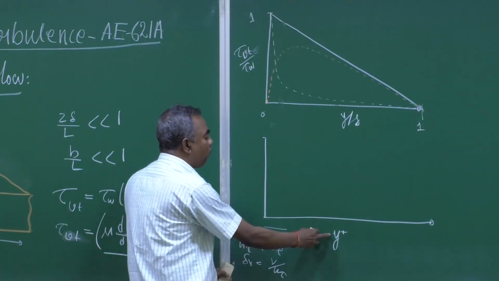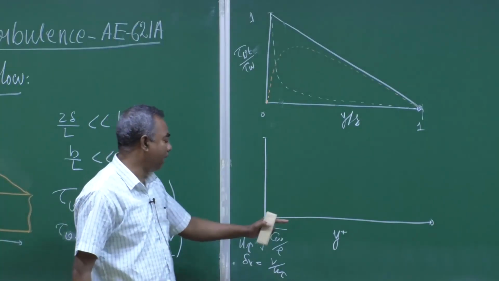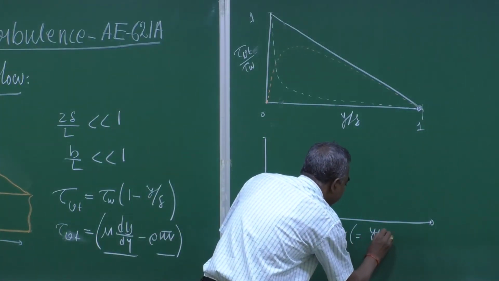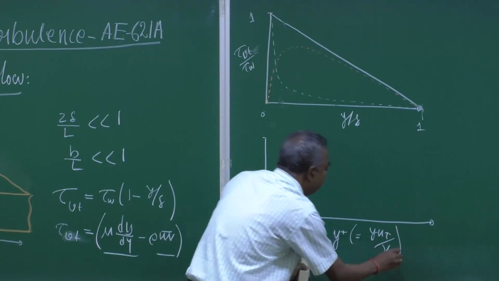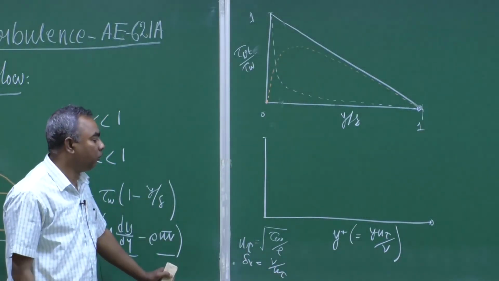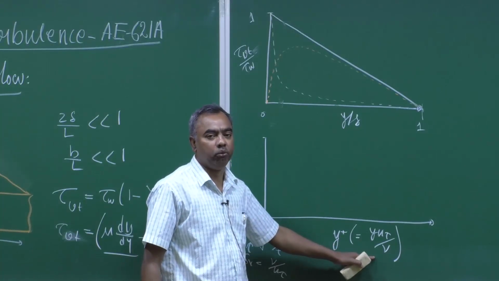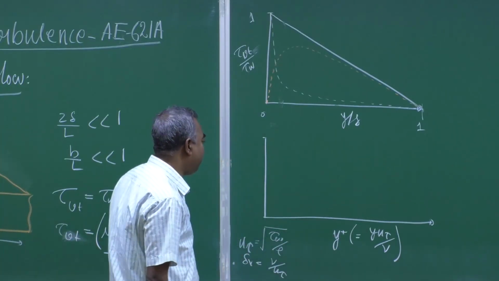So, now if we plot in terms of y plus, y plus is nothing but y u tau by nu. Okay. This is y plus, which is essentially y by delta v, because nu by u tau is nothing but delta v, right.